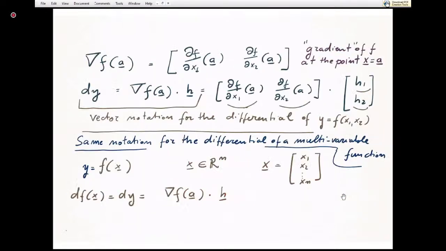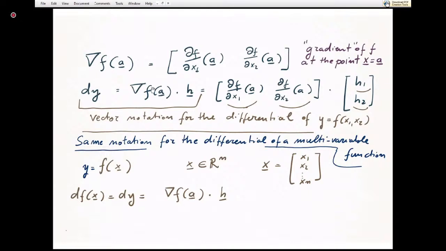And this is very nice because I express the differential as the product, again, of a derivative times an increment, okay? But this is a vector of derivatives and this is a vector of increments. But the structure is preserved, okay? So in this way, also the notation is very similar to the one variable case.